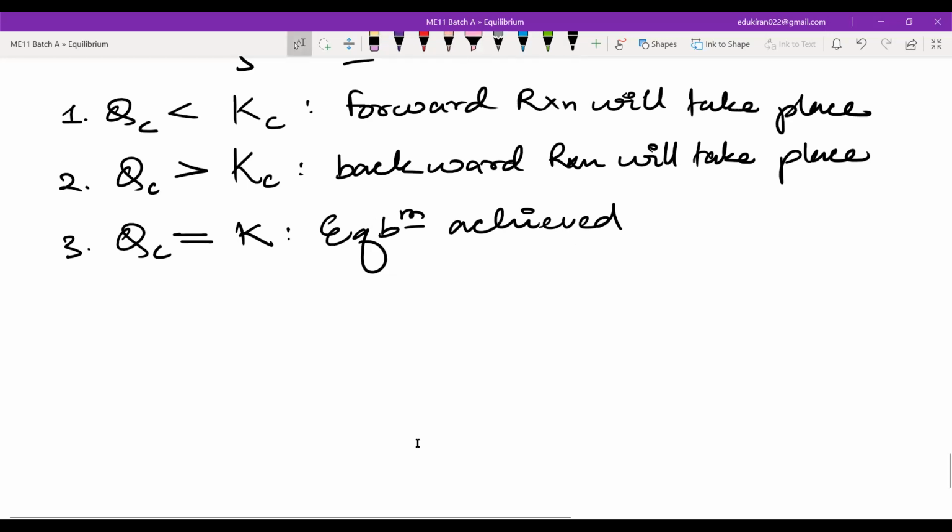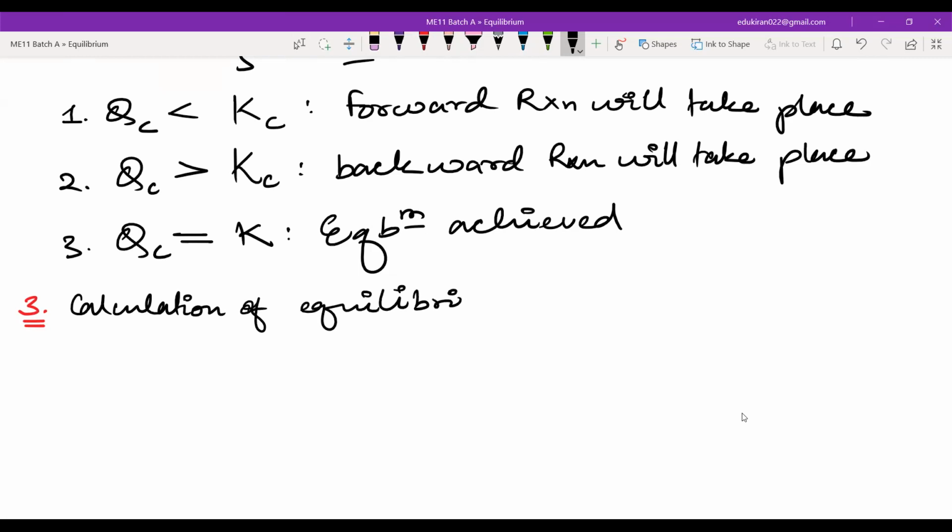Okay, so all right, the third thing that we will be discussing in the next class, the third application, which is the calculation of equilibrium concentration of reactants and products.